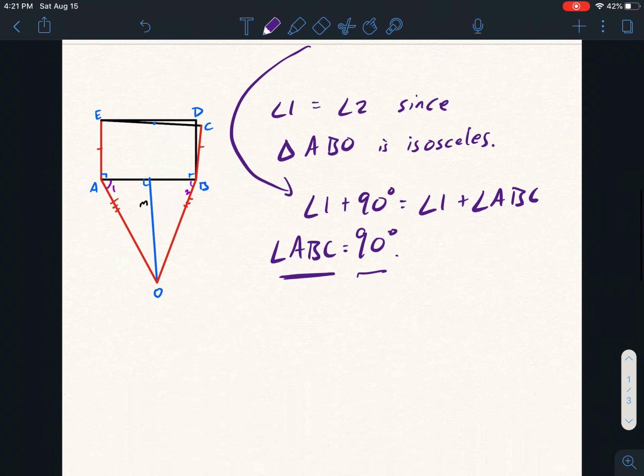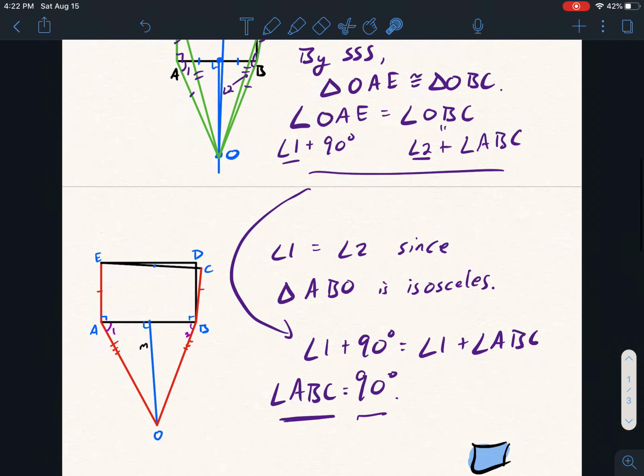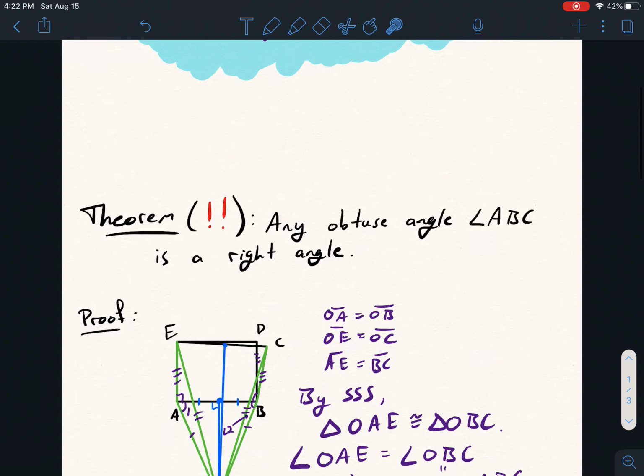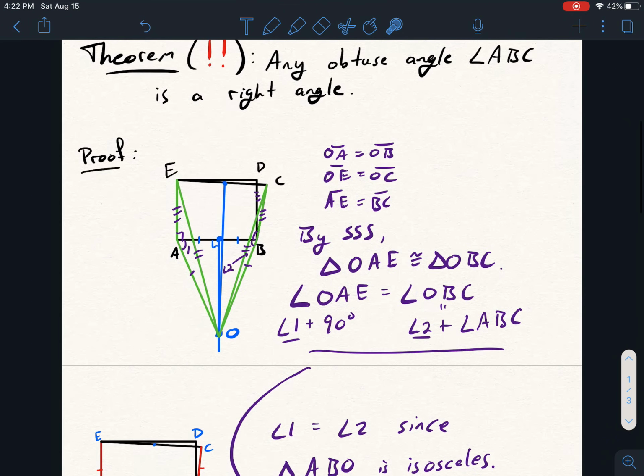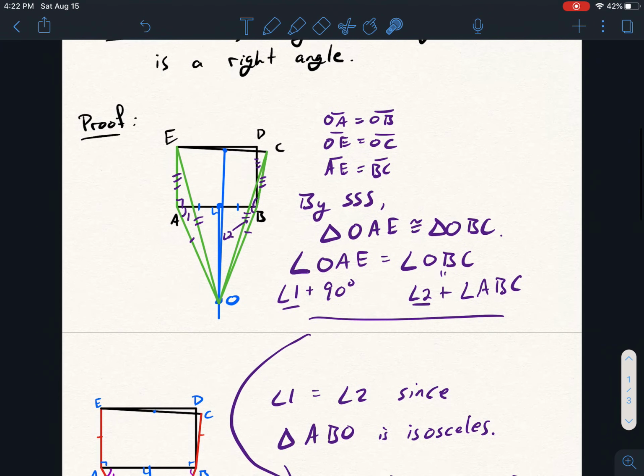So now we're done. Now we have proved definitively that our arbitrary obtuse angle that we started with was equal to a right angle. Okay. And so yeah, that's the proof. Any angle bigger than 90 degrees is actually equal to 90 degrees. So obviously this is false.